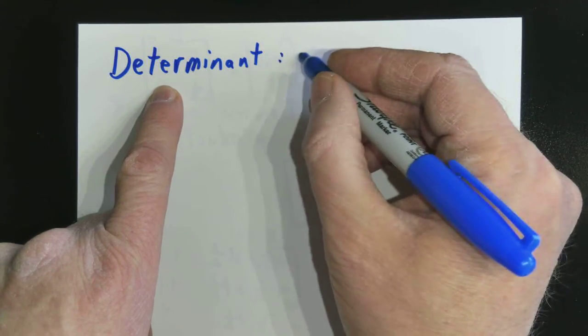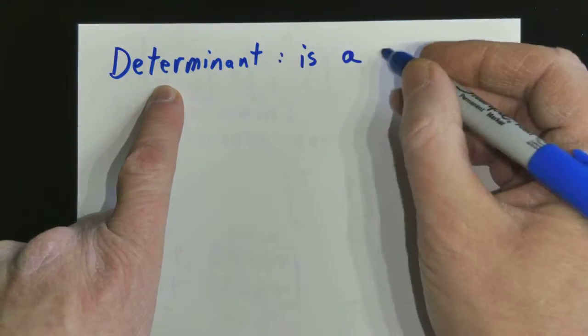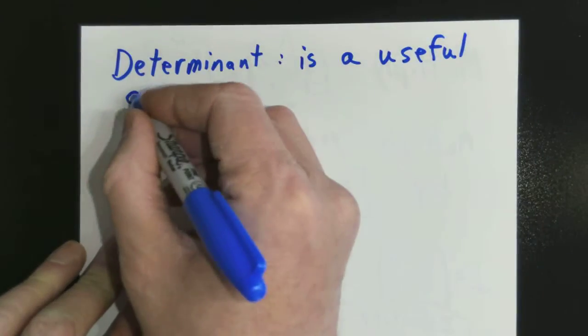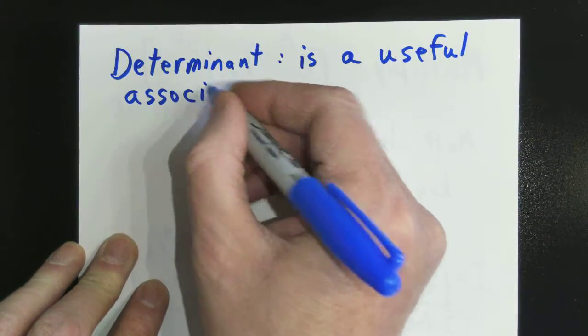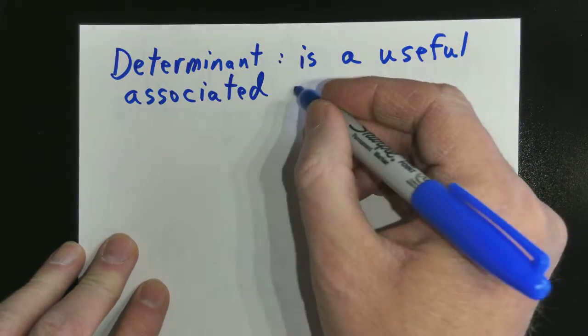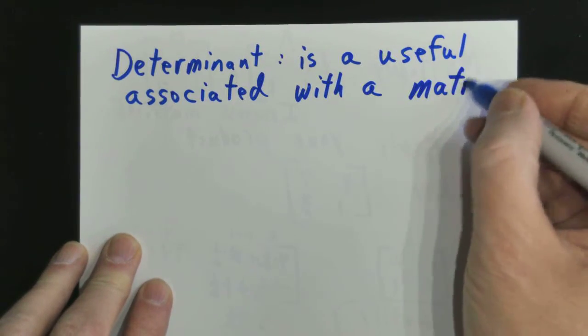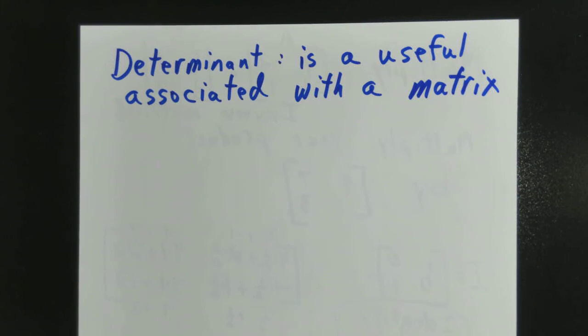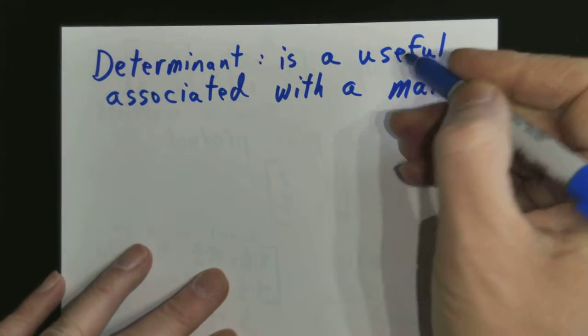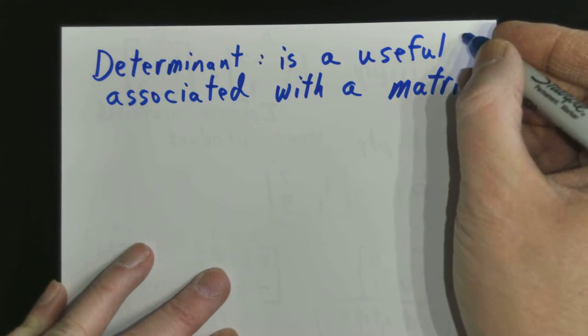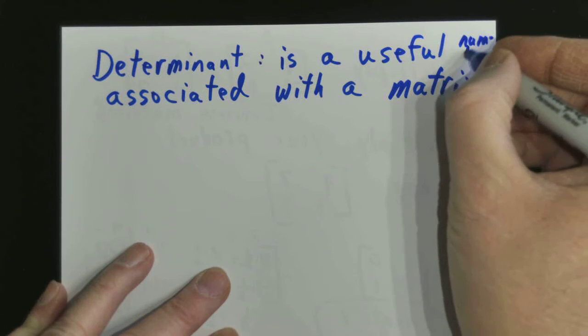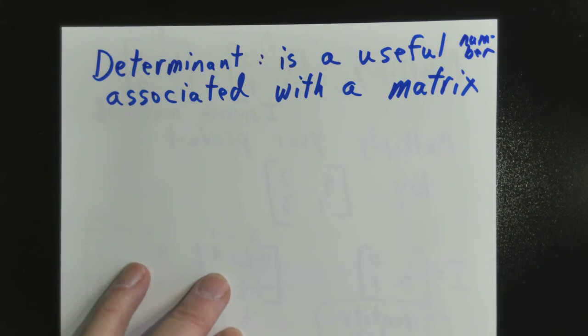And all I'm going to tell you now is that the determinant is a useful number associated with a matrix.